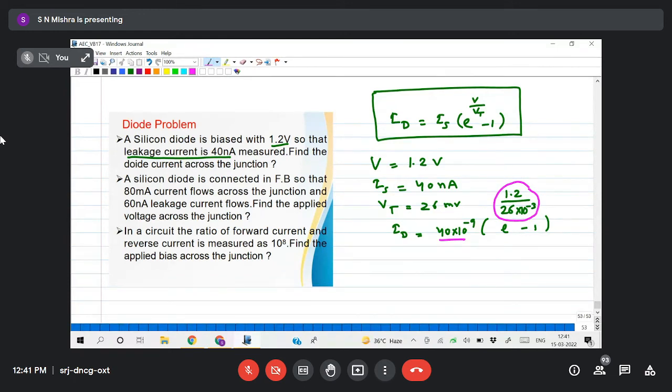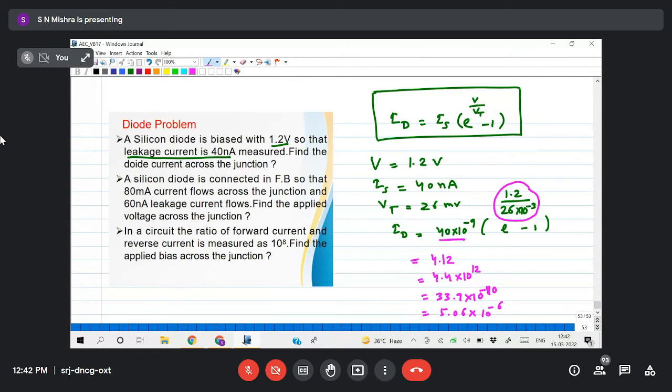Sir, 4.12. 4.12 what? Sir, 4.4 into 20. Any other answer? Sir, 33.9 into 10 to the power minus 10. Sir, 5.06 into 10 to the power minus 6.